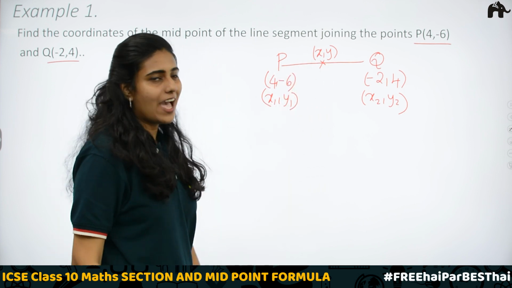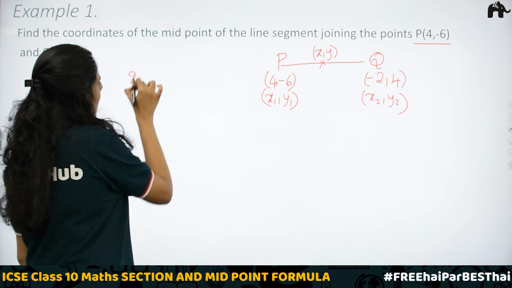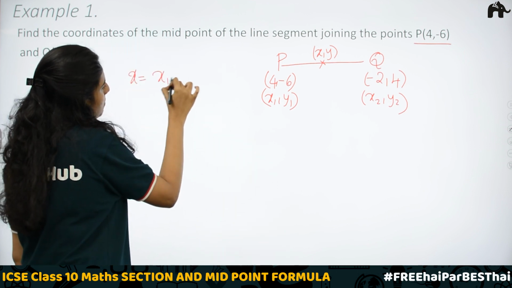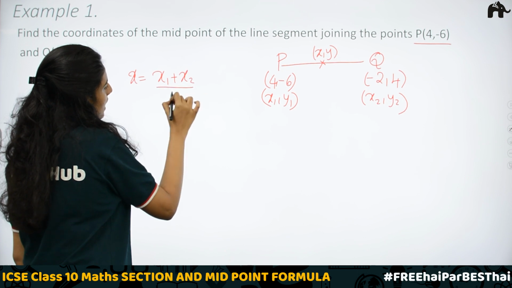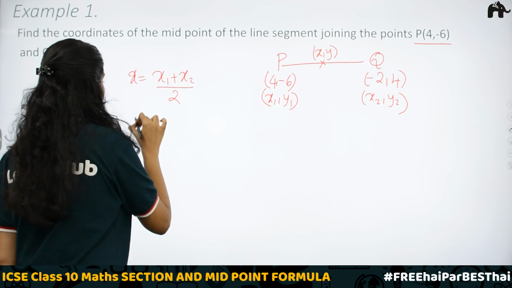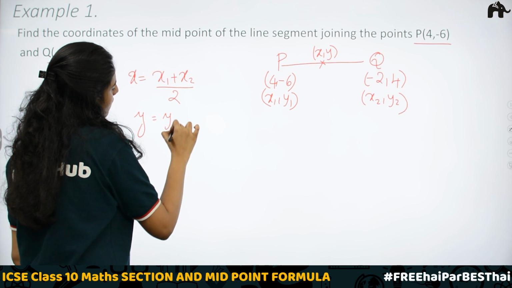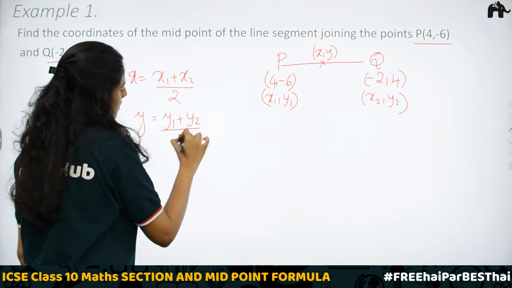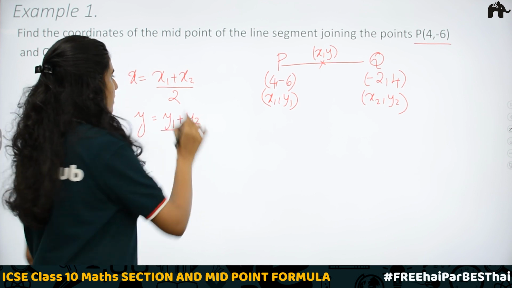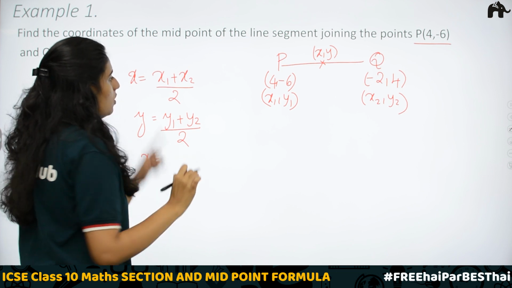How to find? We have the midpoint formula, which is x is equal to x1 plus x2 divided by 2 and y is equal to y1 plus y2 divided by 2. Put the values. x is equal to, what is x1?